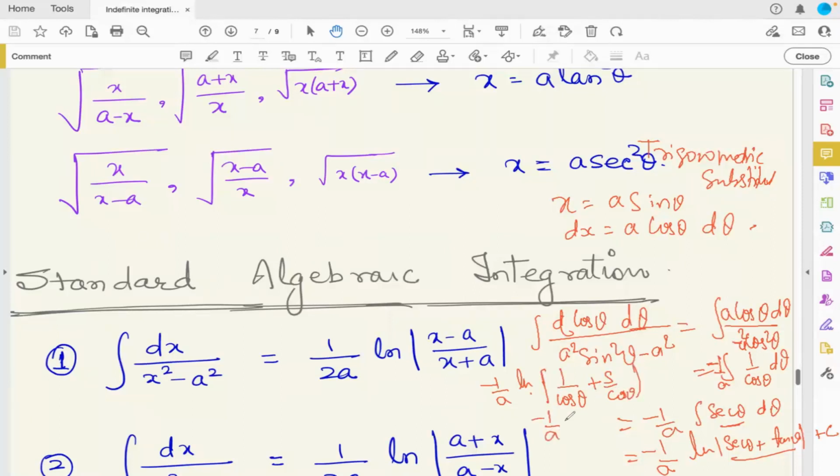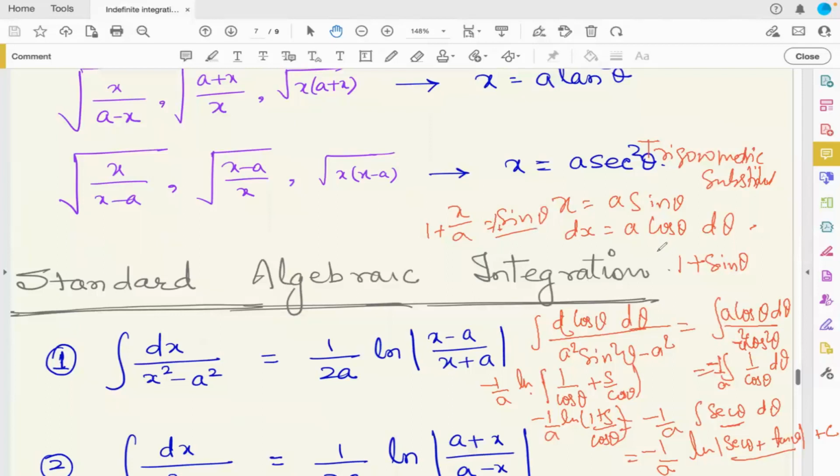So we have minus 1 by a ln of 1 plus sin theta over cos theta, right? And when we look at 1 plus sin theta, if we try to convert it, x by a is our sine theta, so 1 plus x by a is our 1 plus sine theta.